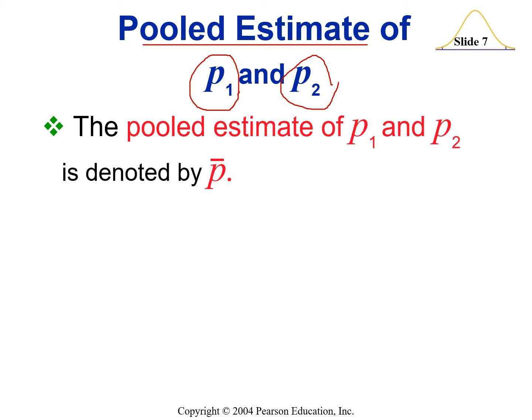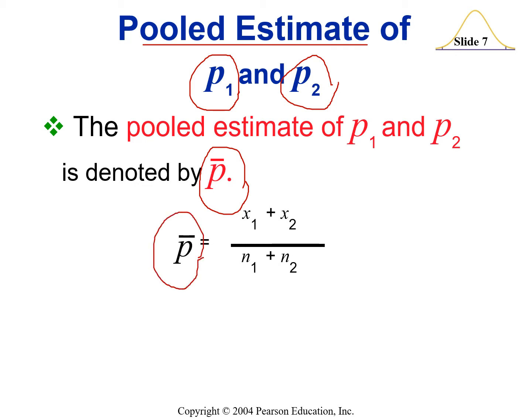This measure is called the pooled estimate, denoted by p-bar. p-bar equals x1 plus x2 divided by n1 plus n2. Again, p-bar is a measure combining the first and second population proportions, where x1 is the number of successes in the first sample, x2 is the number of successes in the second sample, and n1 and n2 represent sample sizes.